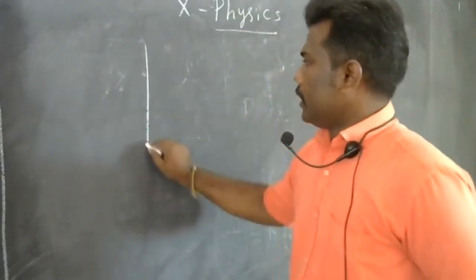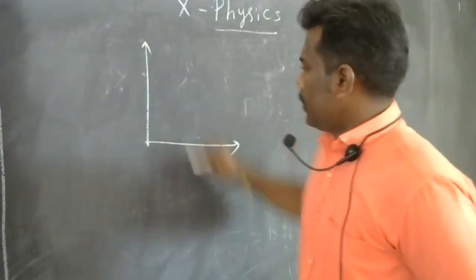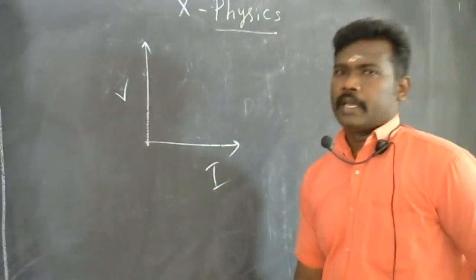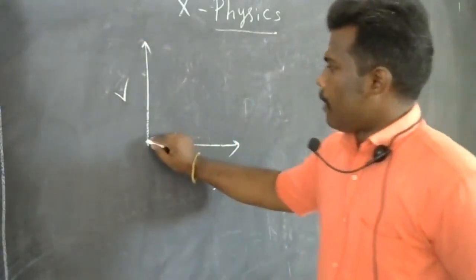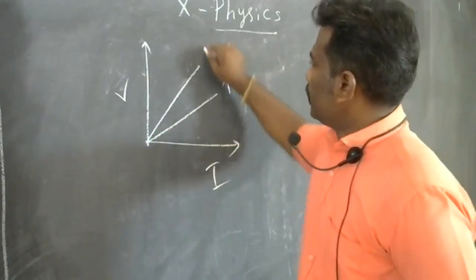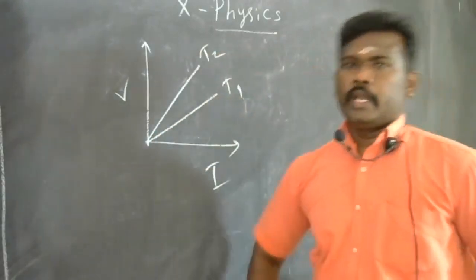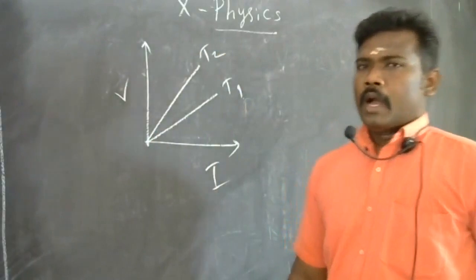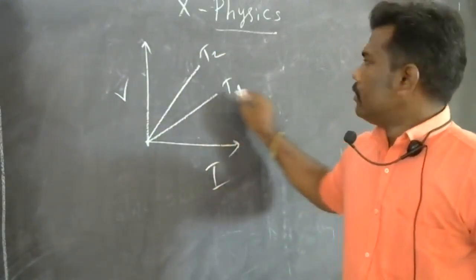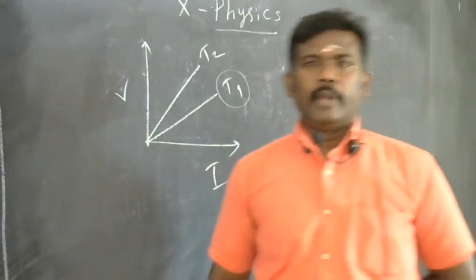And another question, if they give the graph like this, I on the x-axis and V on the y-axis, and they give two values, T1 and T2. You are choosing only a single material, and this graph is with respect to the temperature of the material.